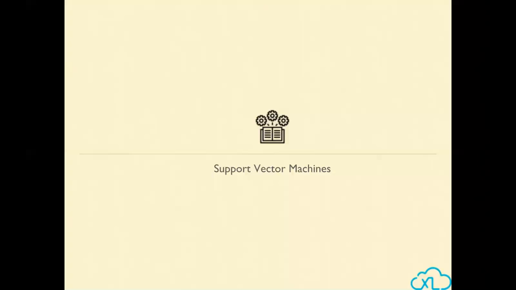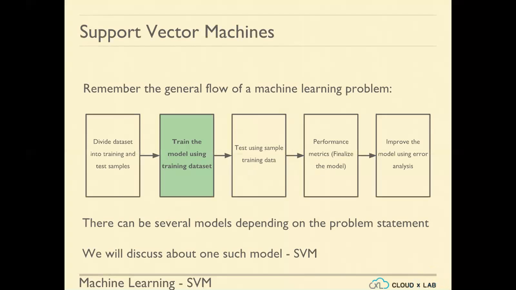All right. So support vector machine is basically another technique to solve various problems, specifically the classification ones. You remember the general flow of machine learning: we take the data set, divide it into training samples, and train the model using the training data set.